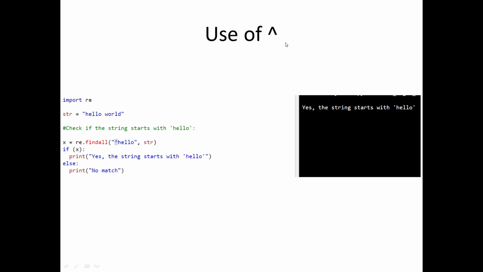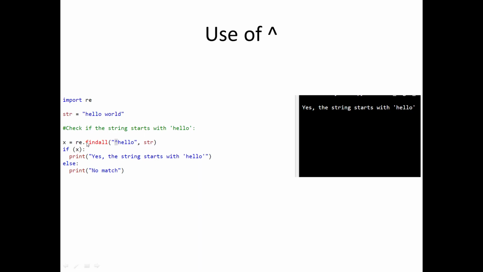Let's look at the use of caret. So once again, we have a string. This time it contains the characters hello world. So we're going to check to see if this string starts with hello. We can use the findall method of the re module, and we'll say, does it start with the word hello?